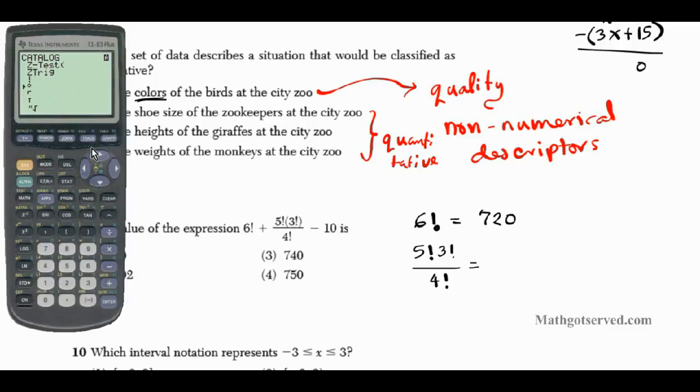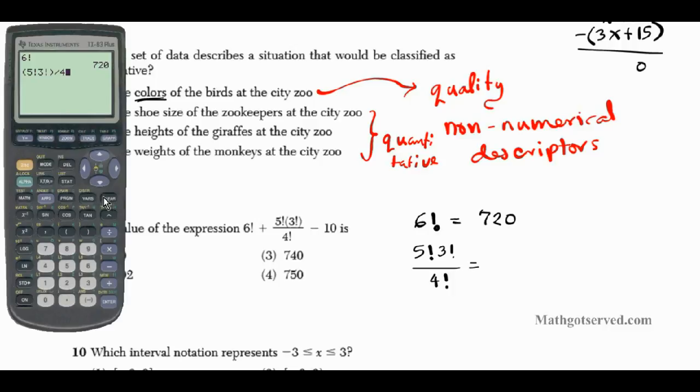Okay, there you go. So 5 factorial times 3 catalog. Go up to factorial. Where are you, factorial? There you are. All right, divided by 4 factorial. Okay.